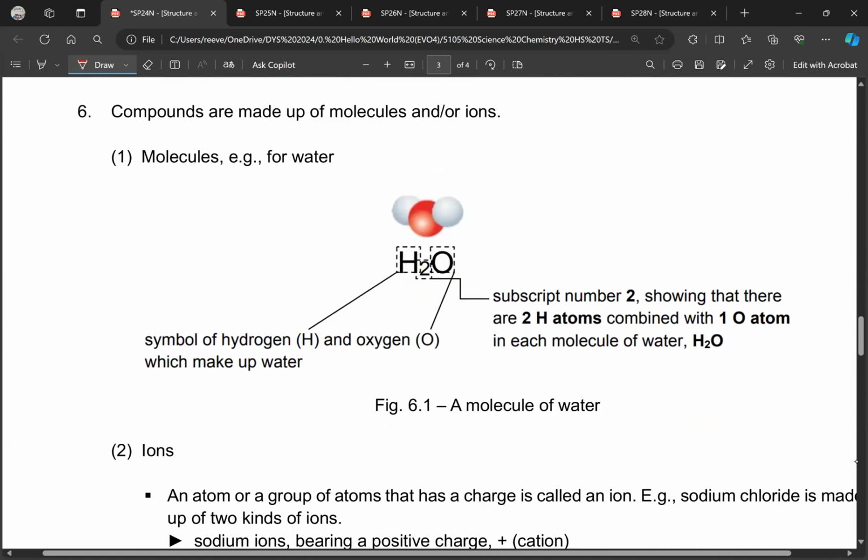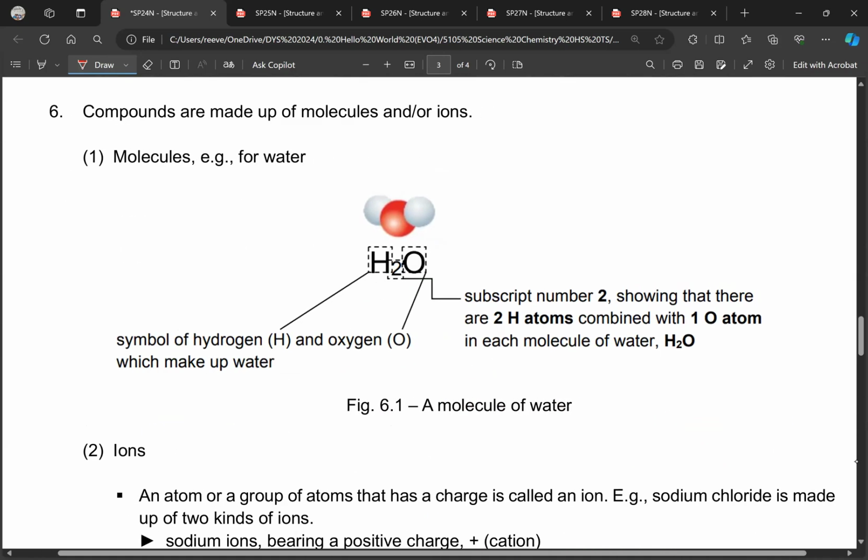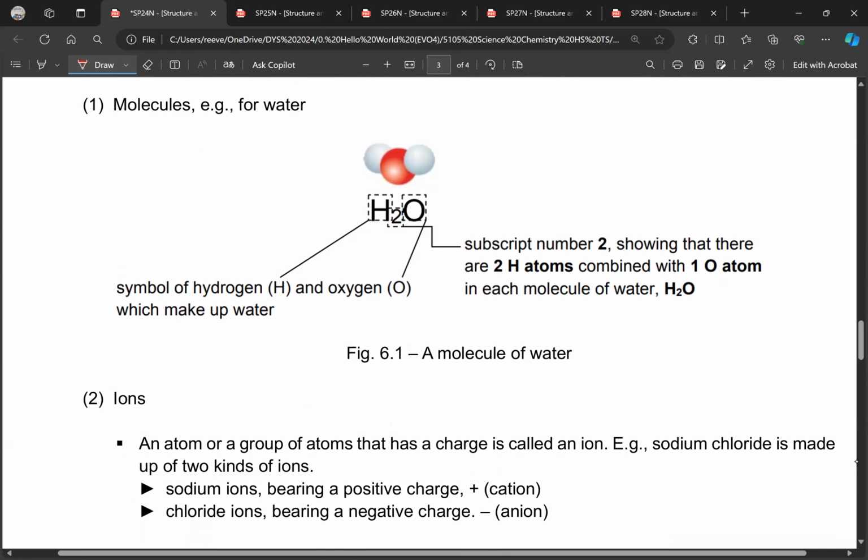Okay, first of all, let's look at what exactly is inside a compound. For a compound, it can be made out of molecules or ions. For example, I have a water molecule, H2O. I don't know how much you know about H2O.